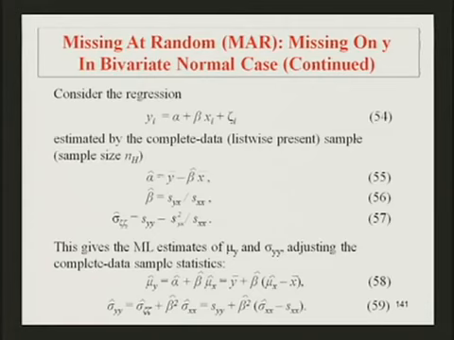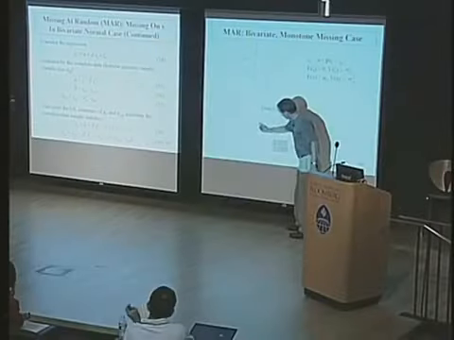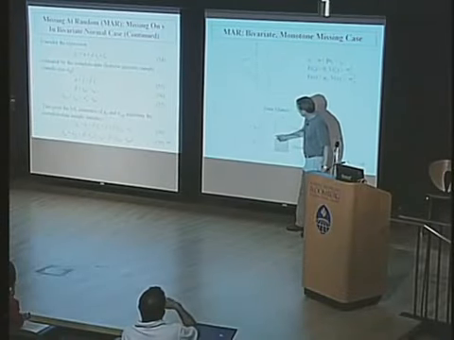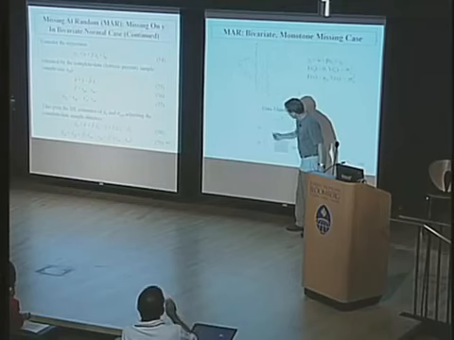So ML under MAR is not satisfied with using only the present people mean for Y, but it has this correction term, which has to do with the regression slope between Y and X, beta, and the overall mean estimate for X minus the sample mean for those complete data people. So the mu hat for X is based on everyone minus the mean for X bar here for these people.